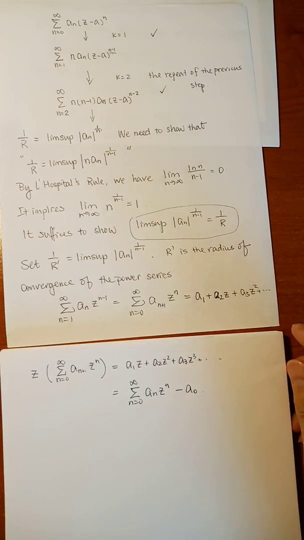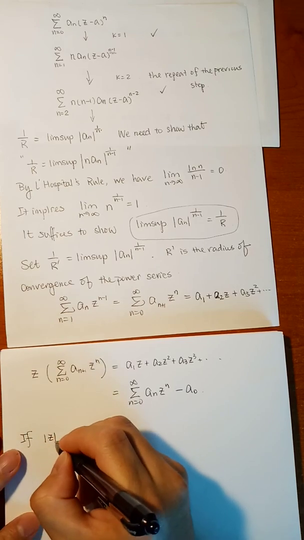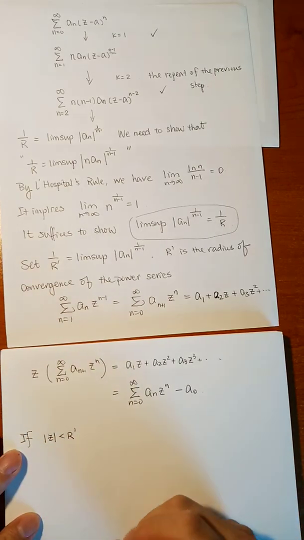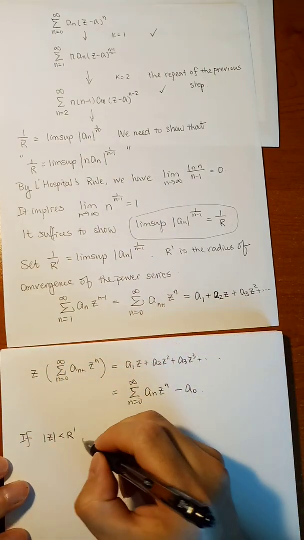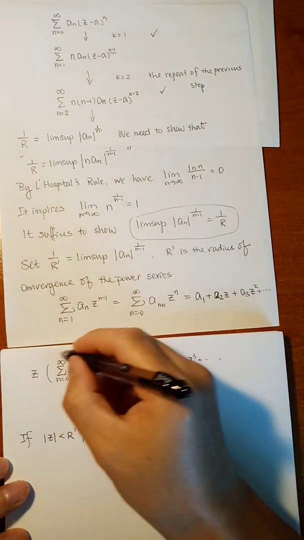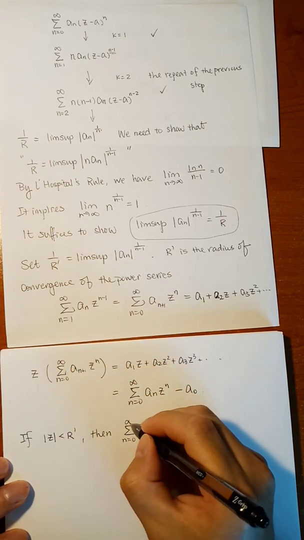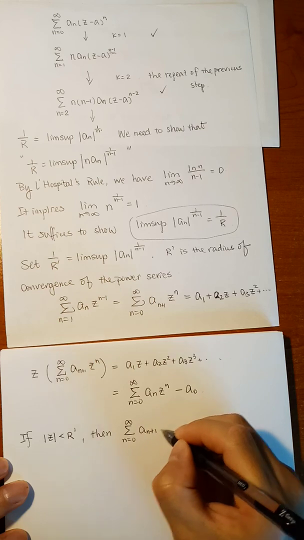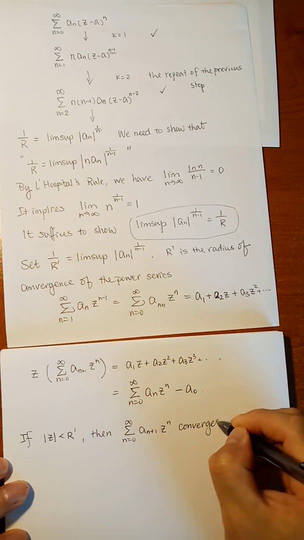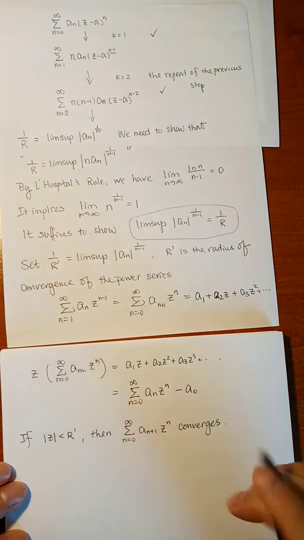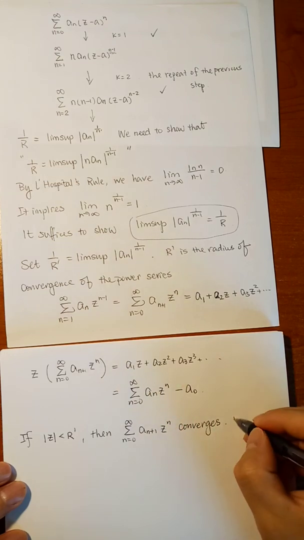All right? So if z has absolute value less than r prime, if it's inside the disk of convergence, then this part converges. Then it implies this part converges.